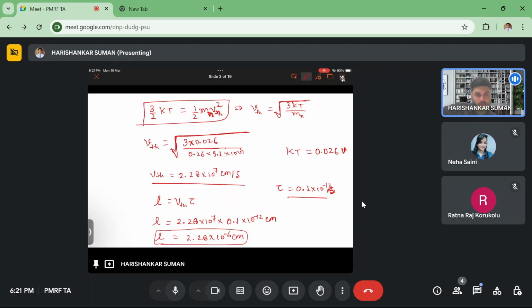Any confusion or any doubt? Okay, thank you. So this is the procedure. Please use this procedure to solve a question like this.